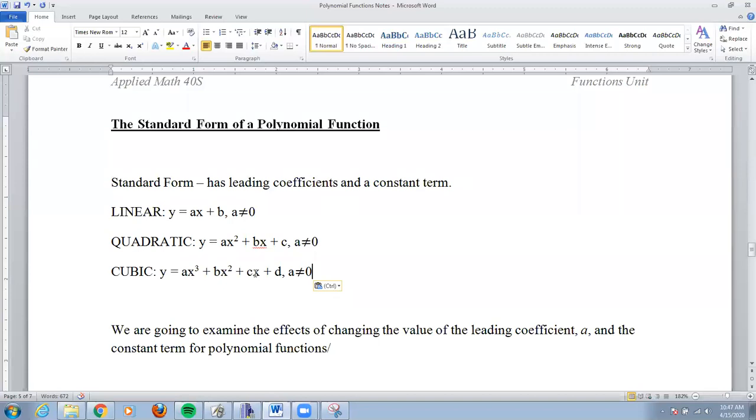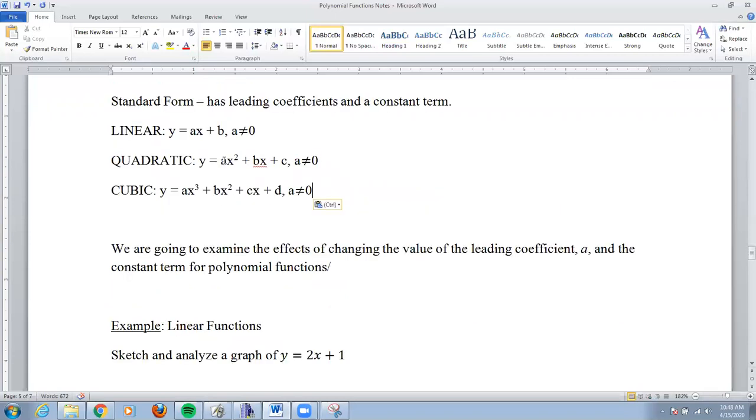Again, a, b, and c are coefficients, and d is the constant term. Remember that coefficients are always in front of the variable. In linear, quadratic, cubic, any polynomial function, the last term is typically the constant.